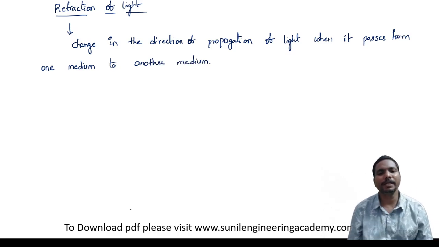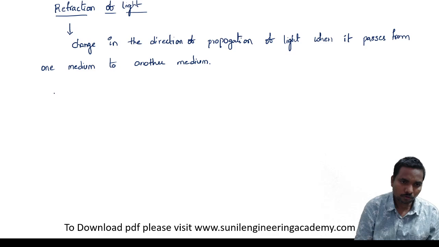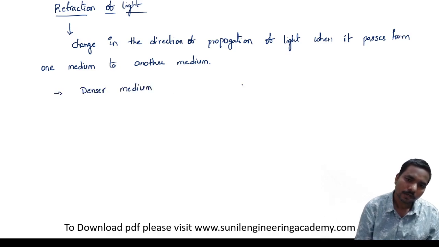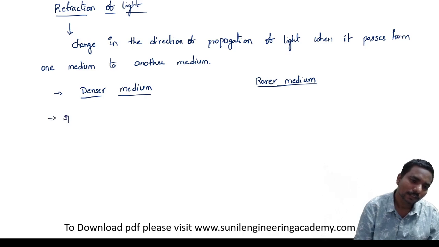You can divide the mediums into two types. Okay, one is a denser medium, one is a rarer medium. So what are denser and rarer mediums? A denser medium is one in which the speed of light is less, that is slow.